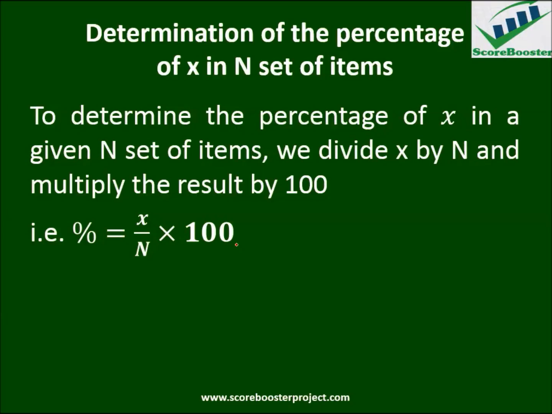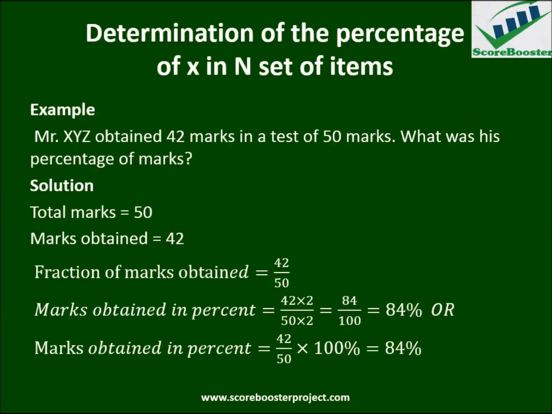When you multiply the result by 100, you have the percentage of x in n items.